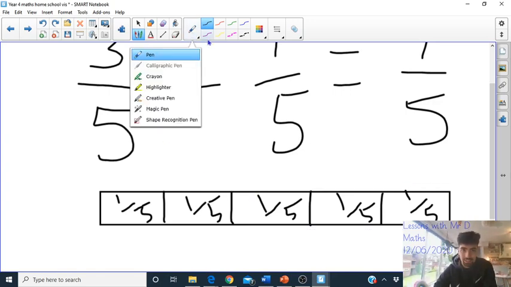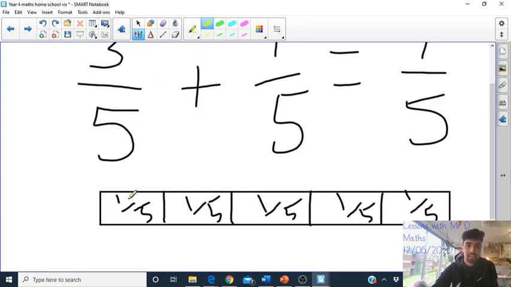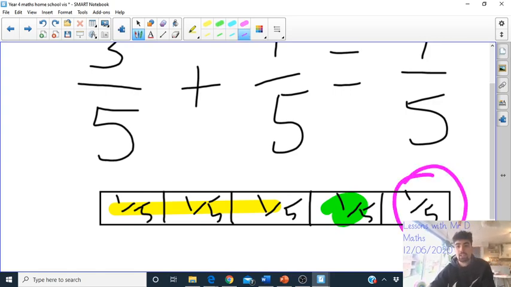And I'll use the highlighters to show, I said that I had 3 fifths. Somebody else had 1/5. So that's 1, 2, 3, 4. That's where I get the 4 fifths from. And how much do I have left? 1/5 to get the whole, to get 5 fifths. So that's 3 fifths, add 1/5, it would be 4 fifths. I'd have 1 part left over.